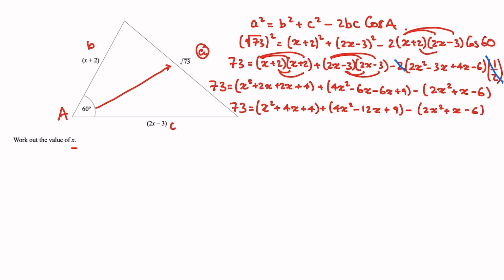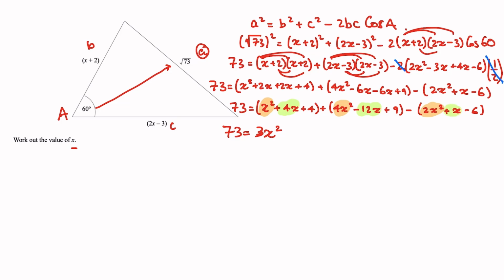So now, in this case here, we need to simply collect the like terms. So 73 can stay on the left hand side, is equivalent to, let's take together all the x squared values. So we have 1 x squared plus 4x squared is 5x squared, minus 2x squared gives us 3x squared. Now let's look at the next term. We have plus 4x minus 12x, which is minus 8x.